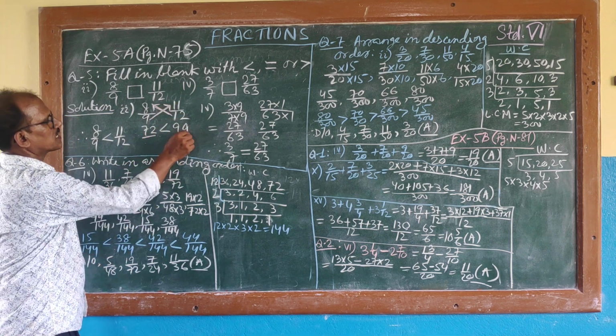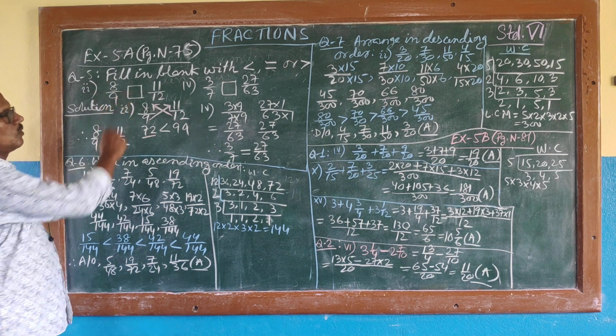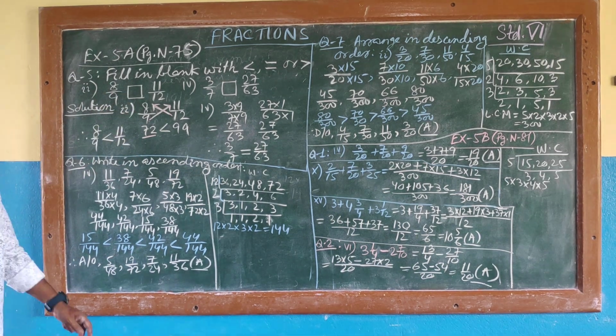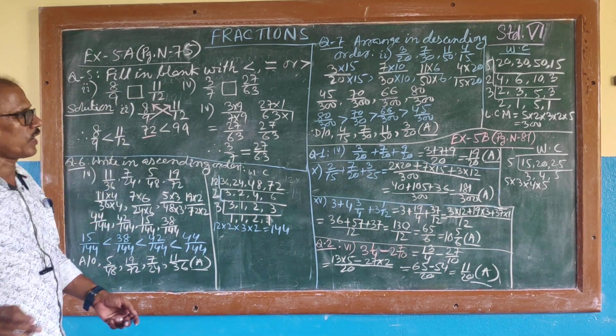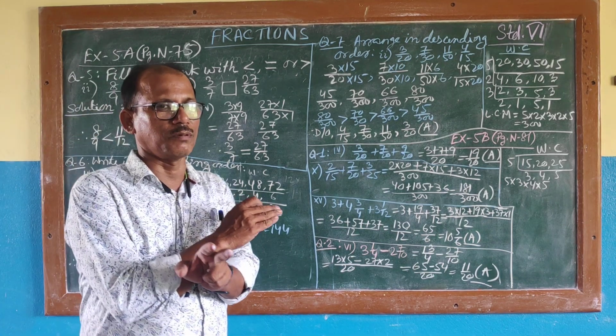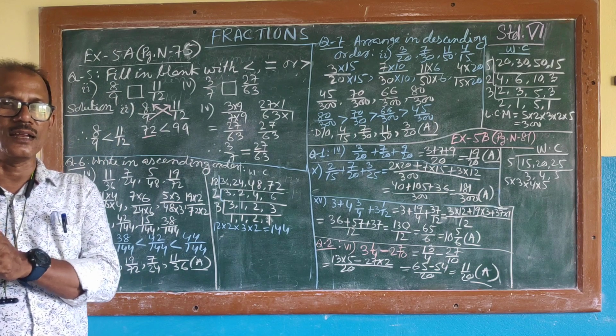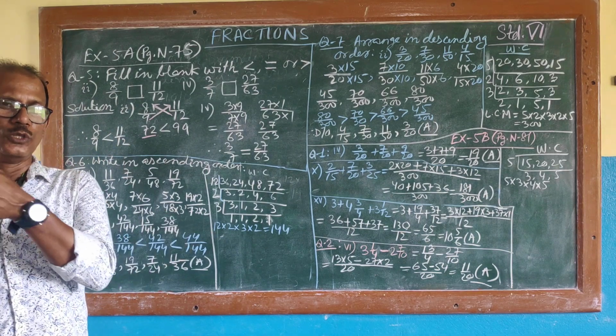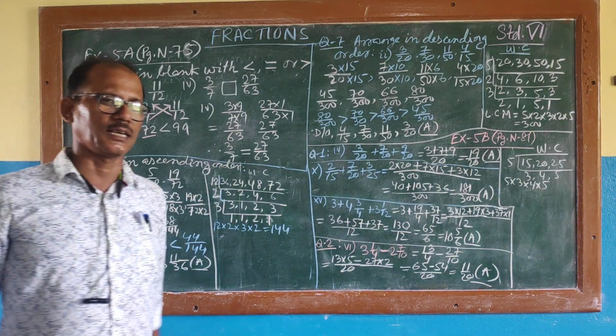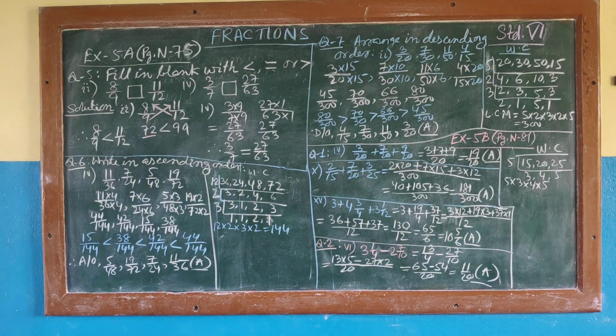As 72 is lesser than 99, 8 by 9 will be lesser than 11 by 12. So if 2 fractions are there, you go for cross multiplication. Then the fraction whose numerator you have multiplied with will be greater. Understood?